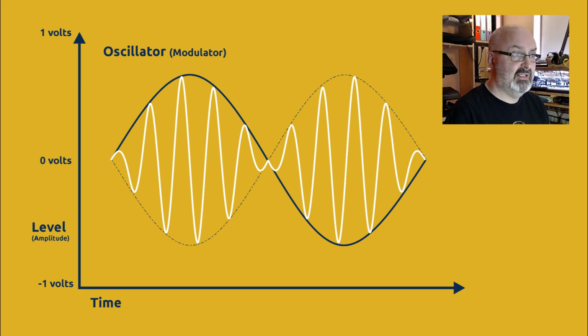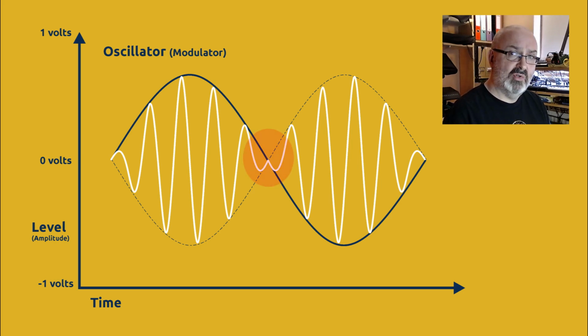So what we're expecting here is that on the positive half of the modulated waveform, we expect the output to get louder as the modulator gets higher and then get quieter as the modulator gets lower. But the modulator actually hits 0 volts and then it keeps going.